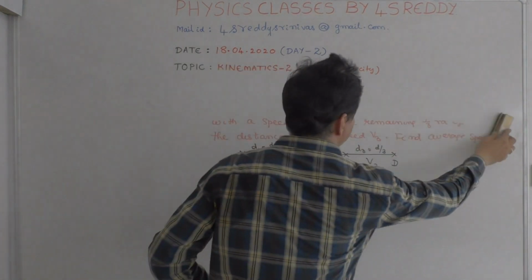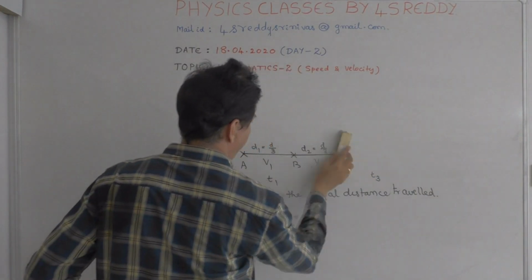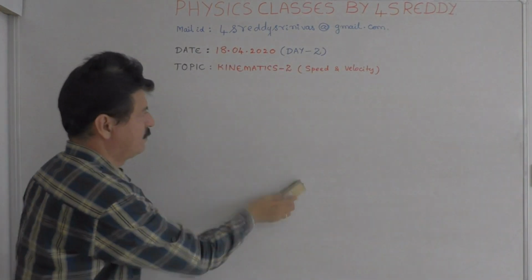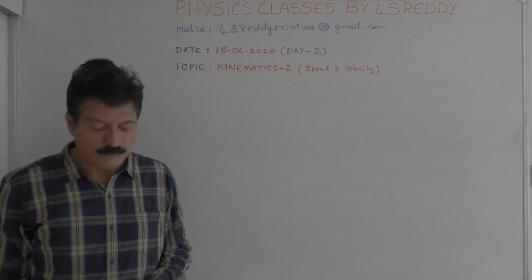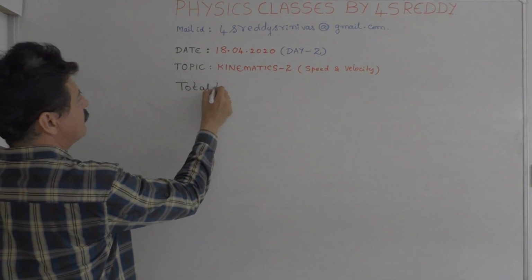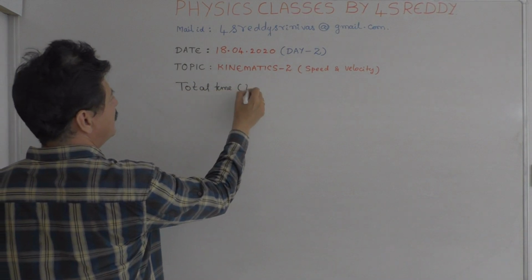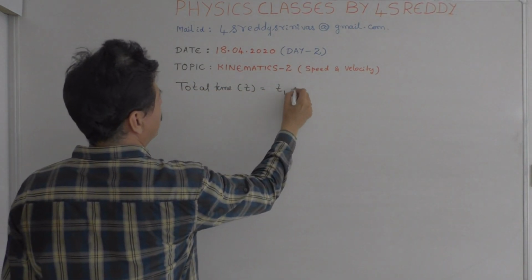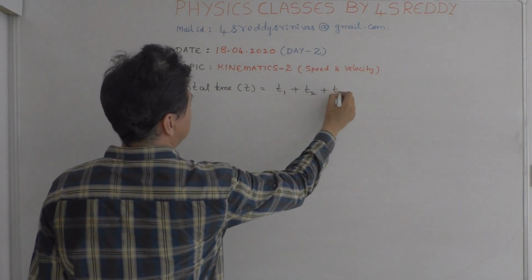Then the total time t is equal to t1 plus t2 plus t3.